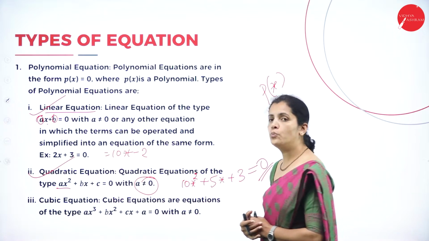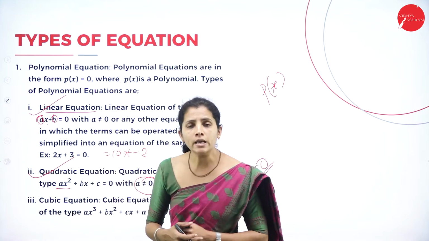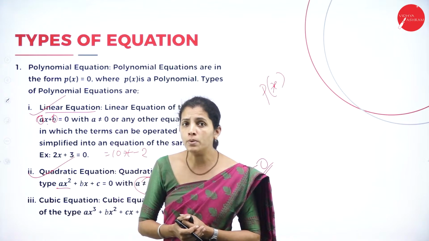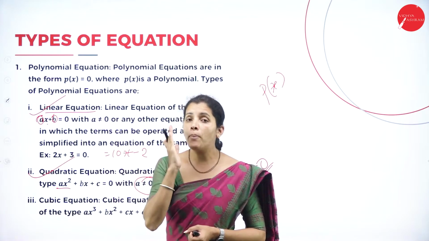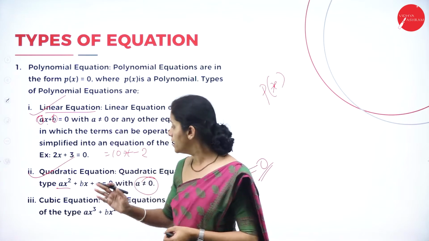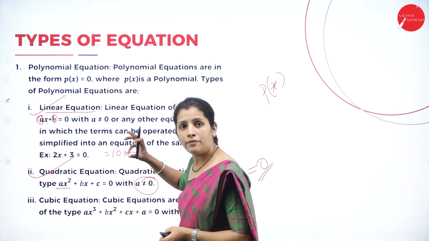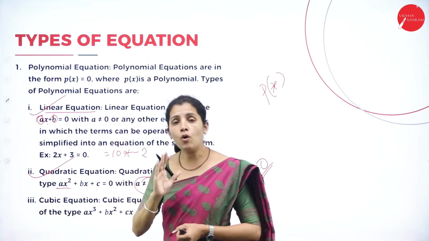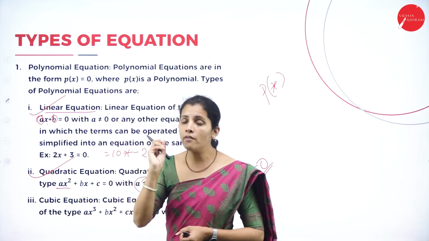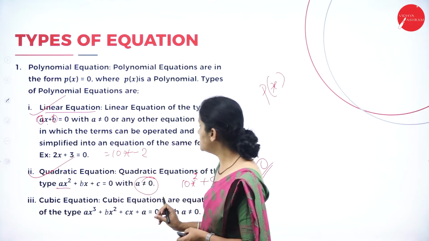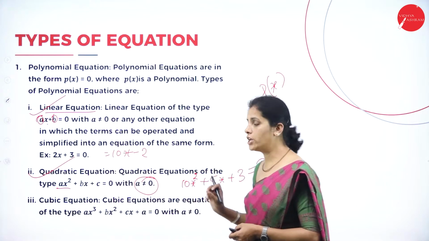Then what about cubic equation? Cubic in the sense of cube, and cube is nothing but 3. So it has the power of 3. If I have the variable with the power 3, then it is termed as a cubic equation.